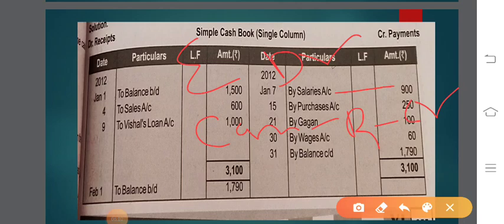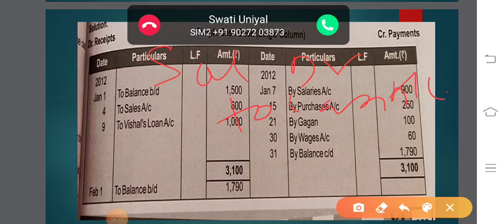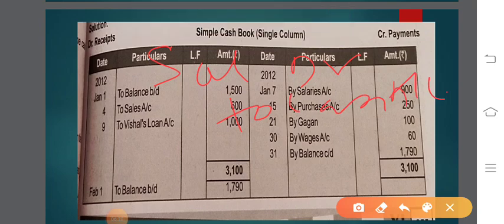So the journal entry should be salaries account debit to cash account. Now here cash is being credited, so we are going on the credit side of cash and will write here by salaries. Got it, students?